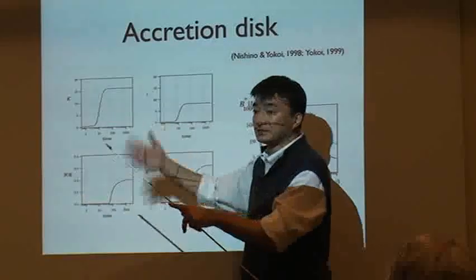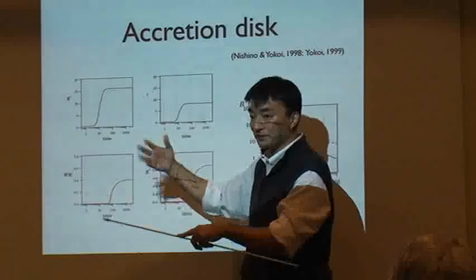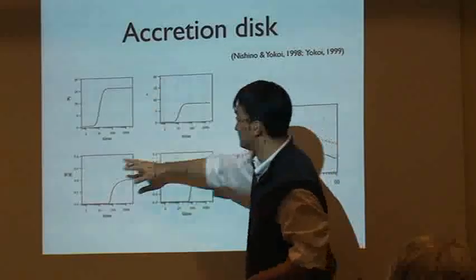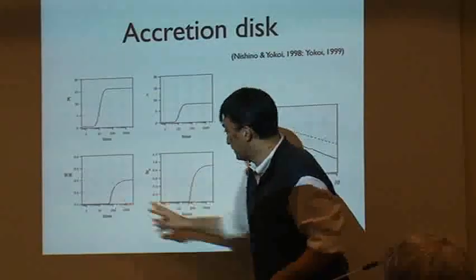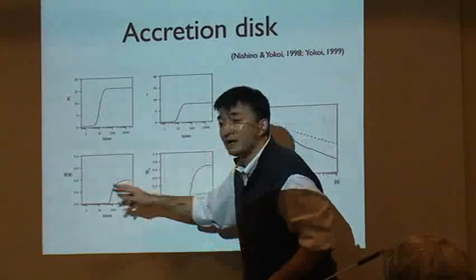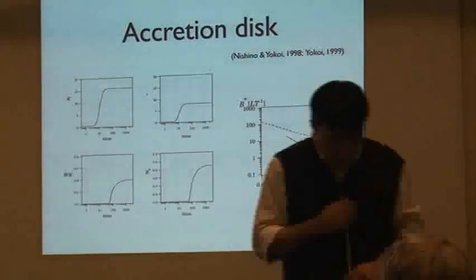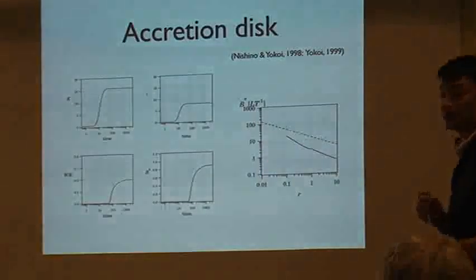Then we start the evolution of the model equations. Then K increases, U increases. You solve the equation for the evolution of cross-helicity as a function of time.